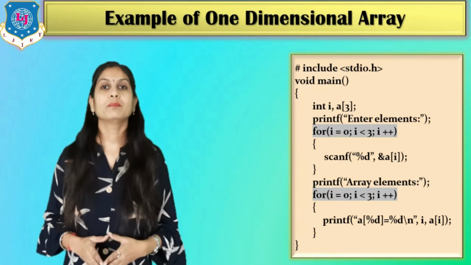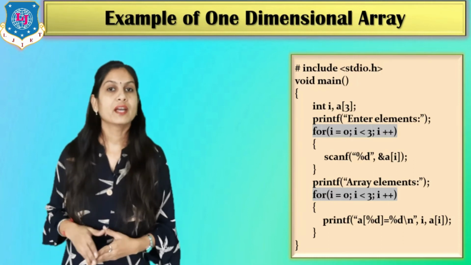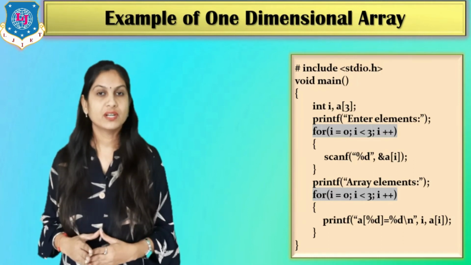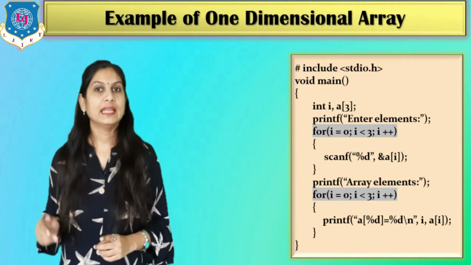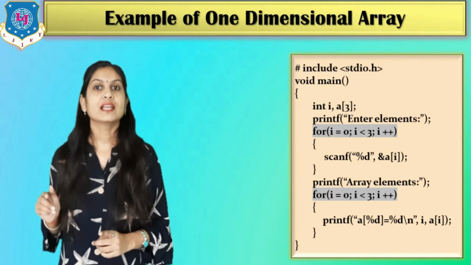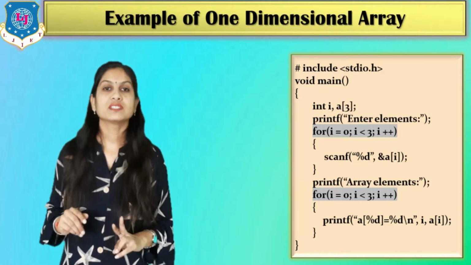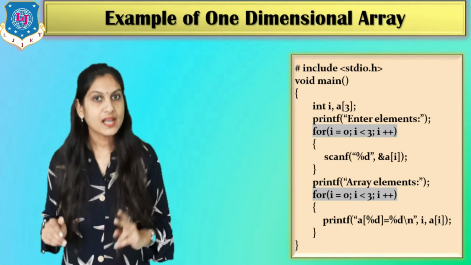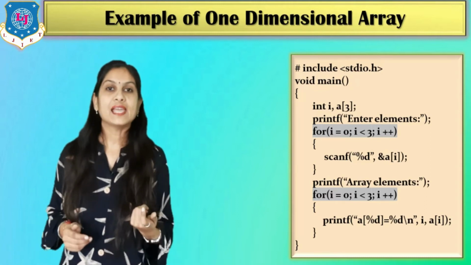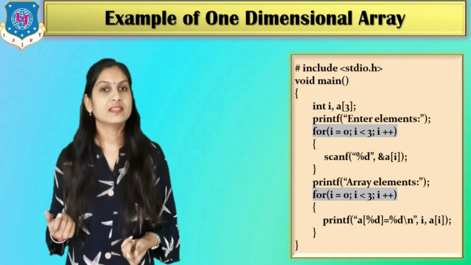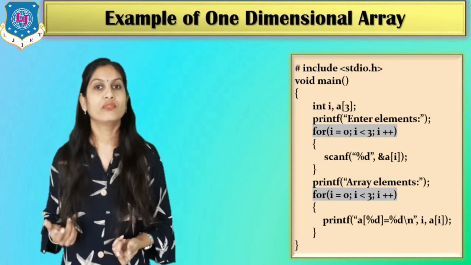So we write the printf. Inside printf we write, in double quotes, a[%d] = %d then \n, and the first %d has the value of i and the second %d has the value of a[i], that is i is the index and a[i] is our element of the array.